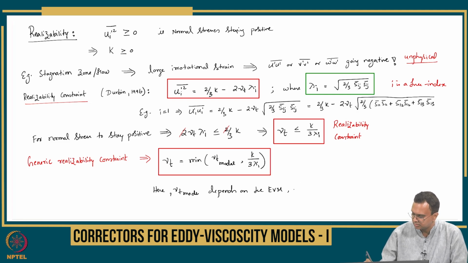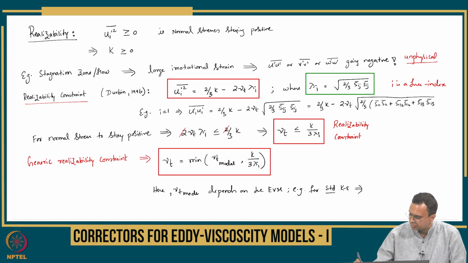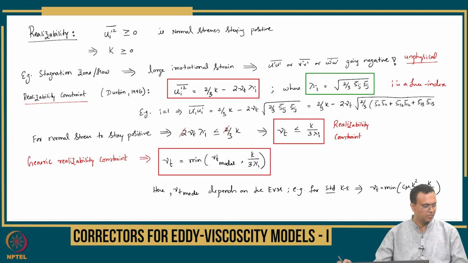So for a standard example, for a standard k epsilon, you would implement this as nu t is equal to minimum of c mu k square by epsilon comma k by 3 lambda I. Or for a k omega, it is k by omega comma k by 3 lambda I and so on. So implementation is straightforward for this.